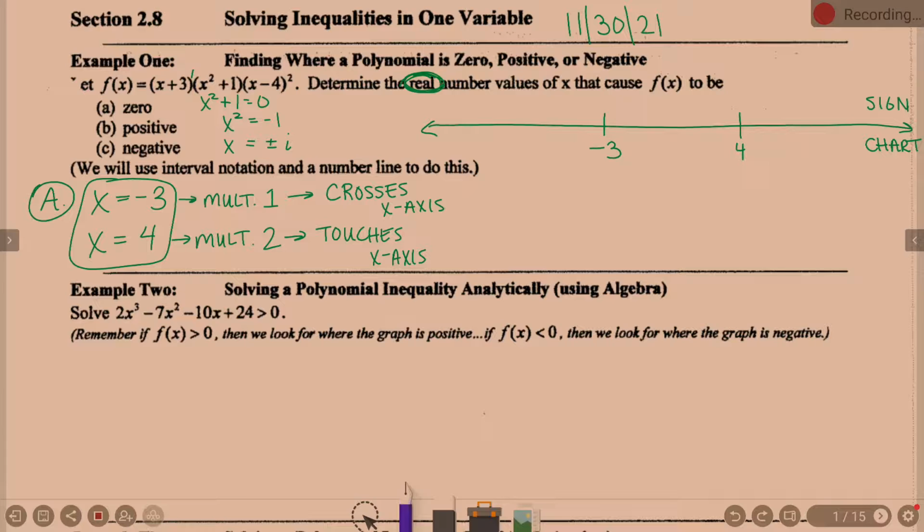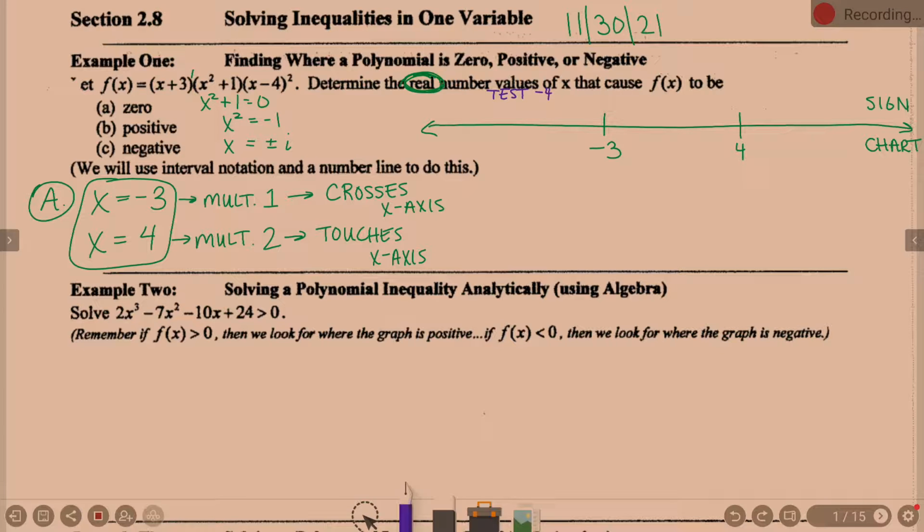I'll be honest, I wouldn't have picked -8, but I would have picked -4. Now, does it matter whether we go with Jaden's -8 or Carly's -4? It doesn't matter. Any number to the left of -3 would get you the same results. I tend to just go with the very next number. -8 is perfectly fine though. Okay? So I'm going to use a test value of -4.